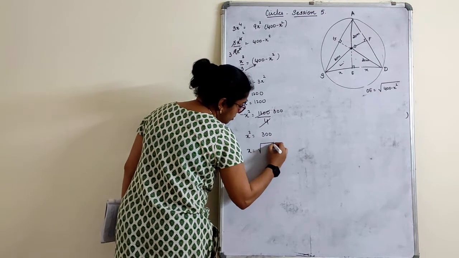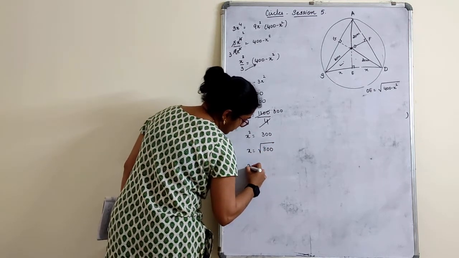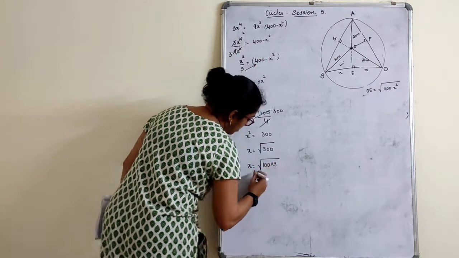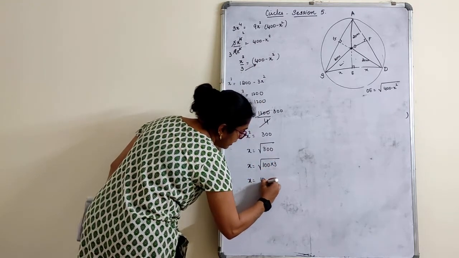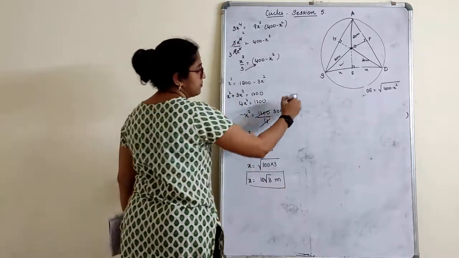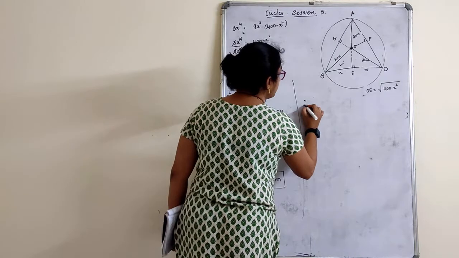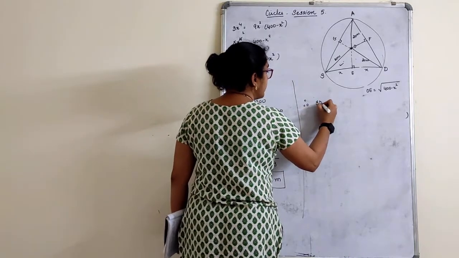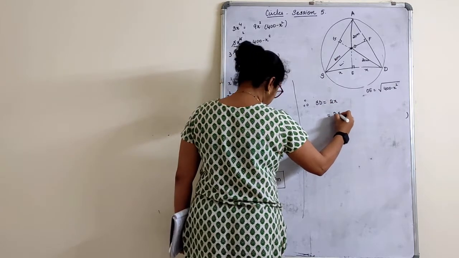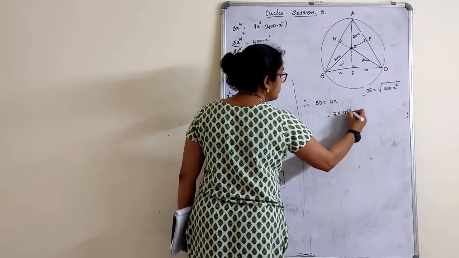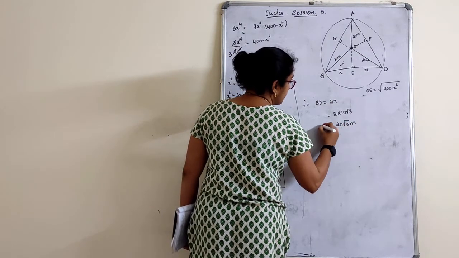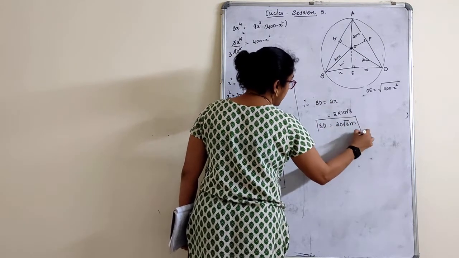X is equal to square root of 300. X is equal to square root of 100 into 3. X is equal to 10 root 3 meter. Therefore, SD is equal to 2x, 2 into 10 root 3, 20 root 3 meter, right.